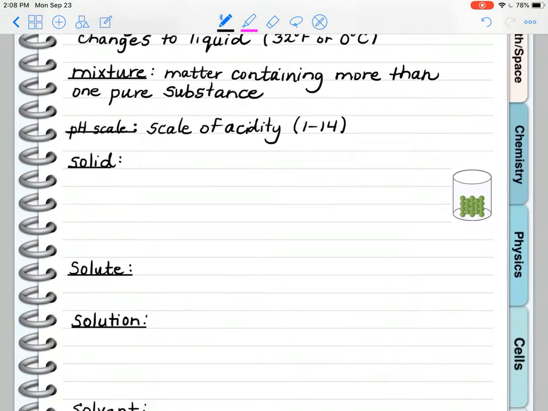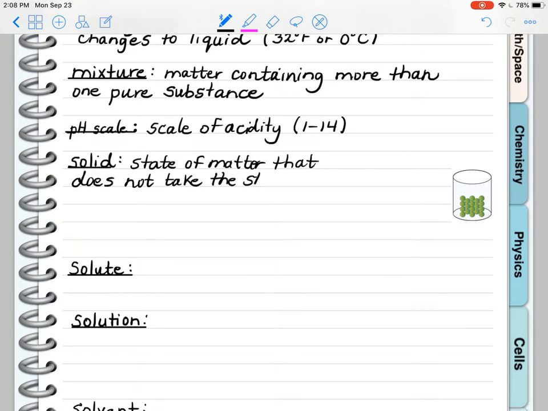Okay, a solid is a state of matter that does not take the shape or the volume of its container. So the container does not affect the solid.